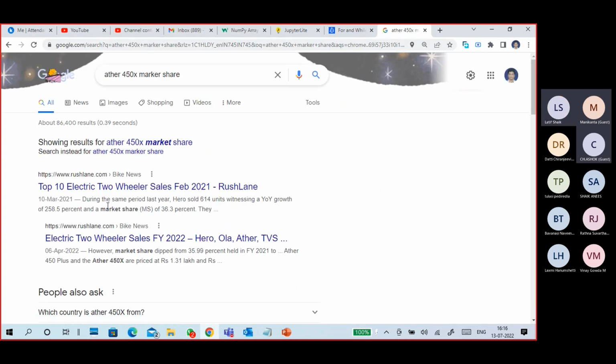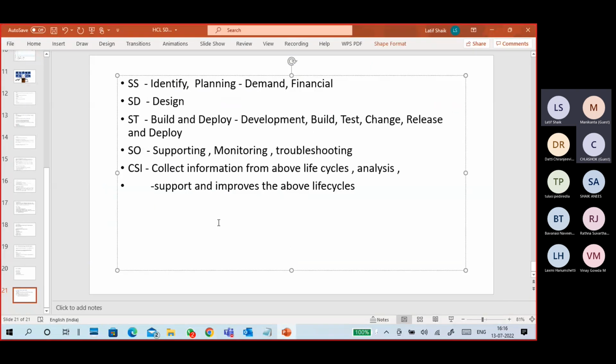How many percent of electric bikes are selling in the market? How much do Ola or Ather type businesses have, brand-wise? What is their market share? Like that.